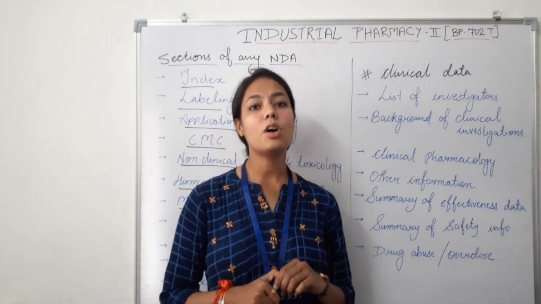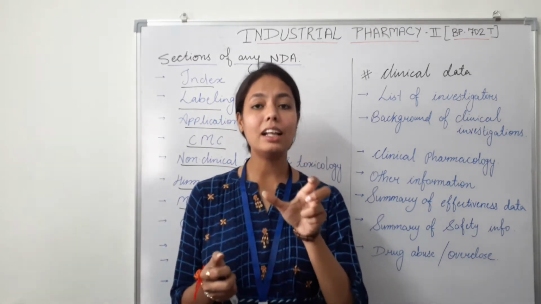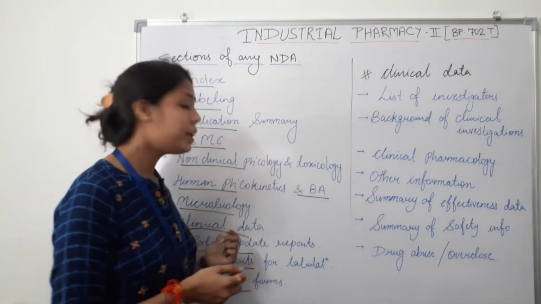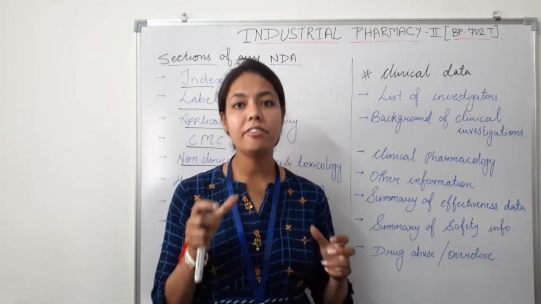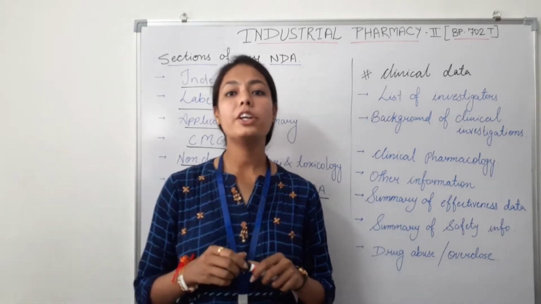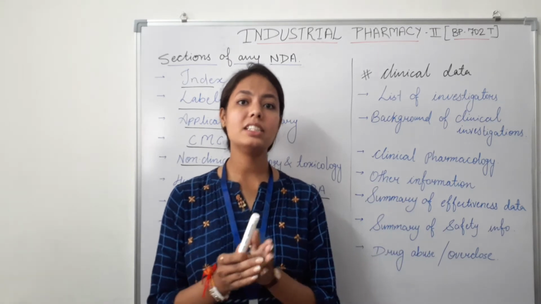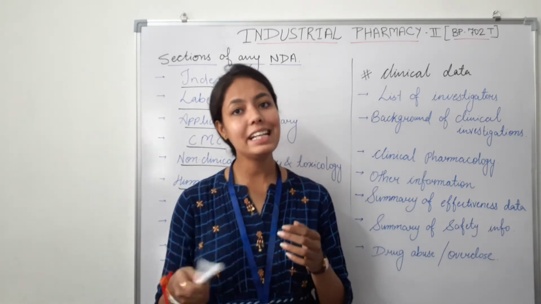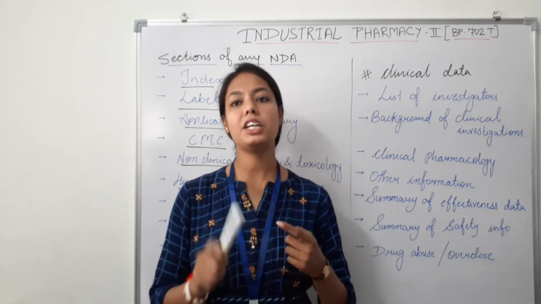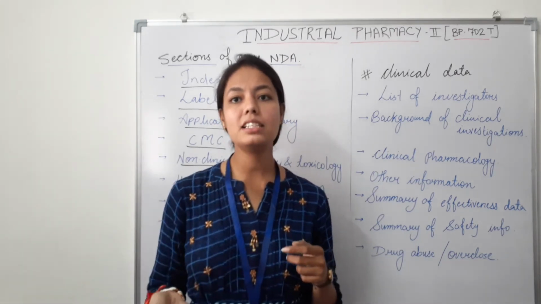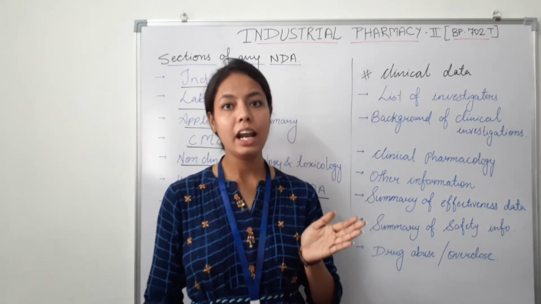After this, let's talk about the integrated summary of effectiveness data. This is another section of the clinical data. In this section we include the information to demonstrate the appropriate evidence of effectiveness for each previously claimed indication. These evidences must include well-controlled studies followed by their analysis.